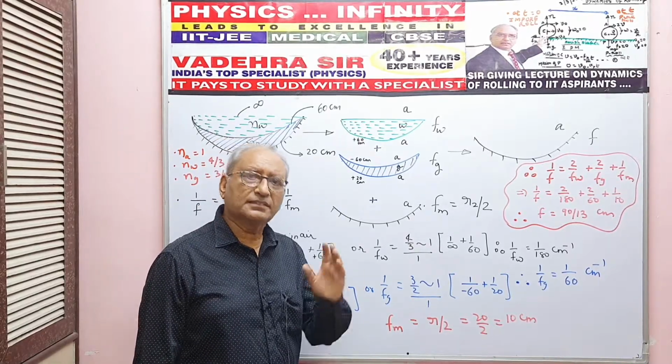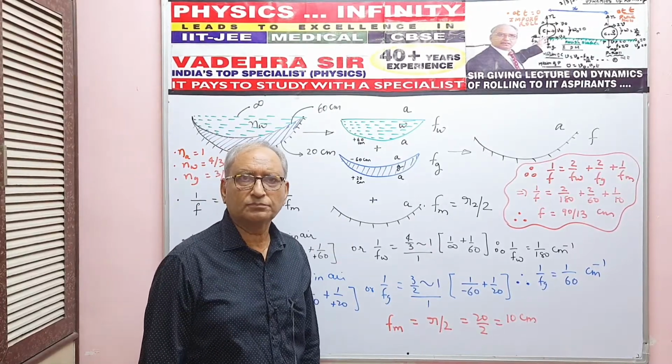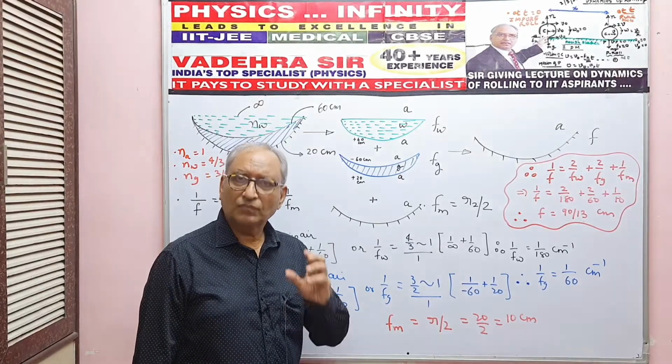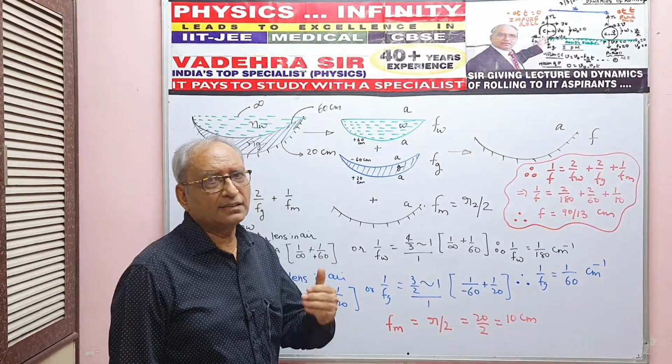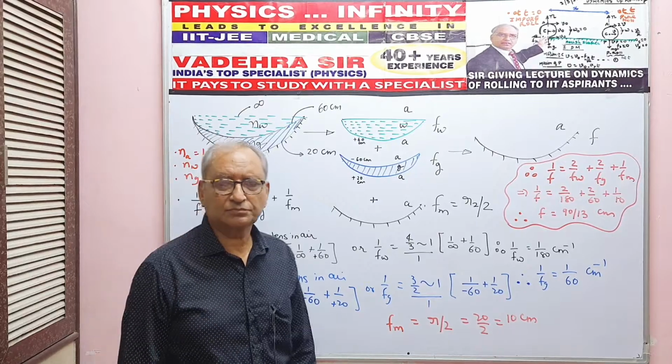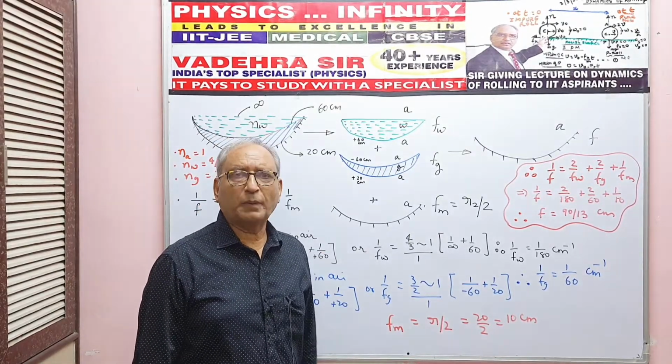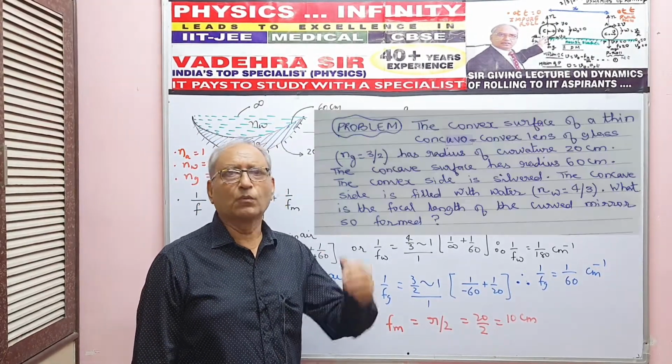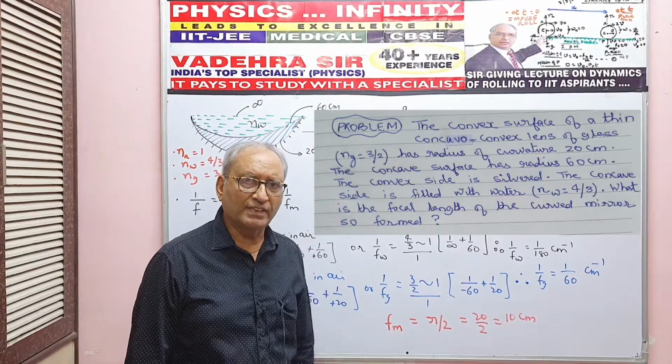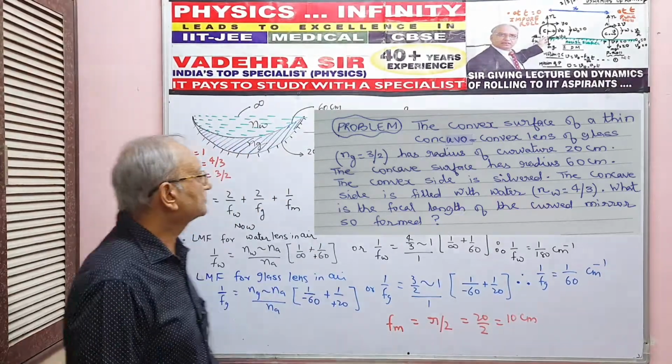So here I am going to tackle this particular challenging problem where I have lenses in contact and one face of the lens is silvered. I'll explain the problem to you and then we'll work out the solution with the Ripken convention. Let's see that.